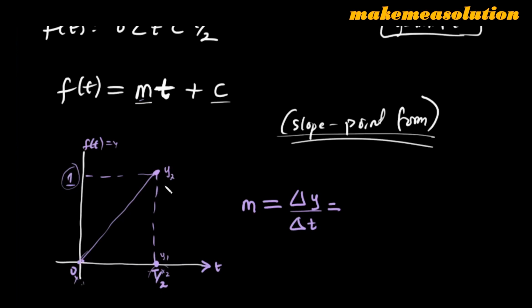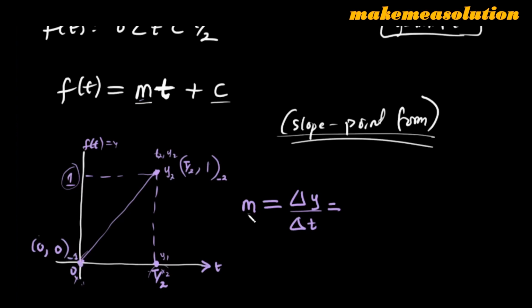Or you can call the coordinates of this point T over 2 comma 1. So when t is T over 2, y is 1. These are the points having a subscript of 2. Then you can call this particular point 0 comma 0. These are the coordinates having the subscript 1. So when t is 0, y is 0 at this particular point.